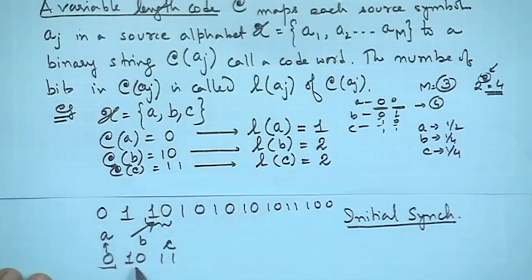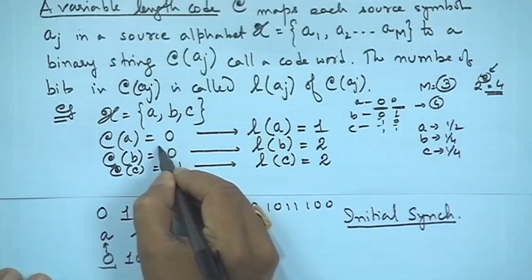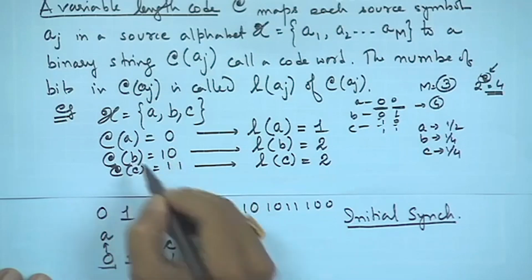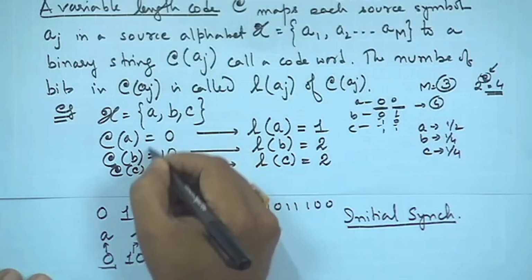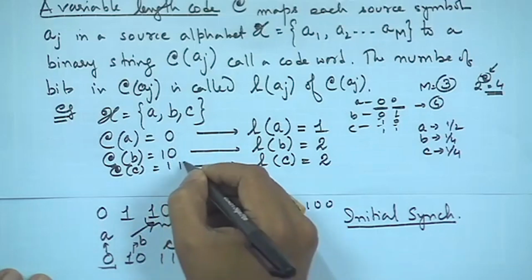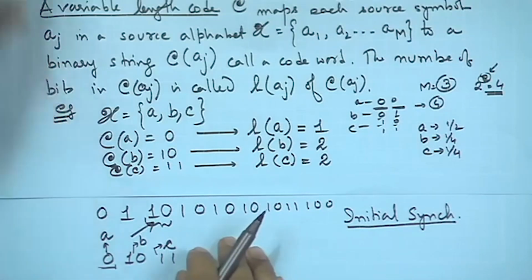So, it waits, it reads the next incoming bit. It goes to the code book, it finds there is an entry of 1 0. Through this entry of 1 0, it maps it to B and decodes it to B. Next it finds a 1, it goes to the code book, it sees there is no entry called 1, it reads the next bit which is 1, it goes back, it finds 1 1, it decodes it as C.